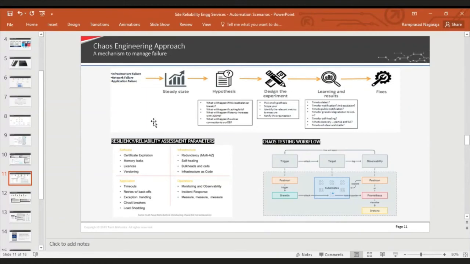So these are some of the key areas in terms of the parameters that you can build in terms of your hypothesis in the chaos engineering.